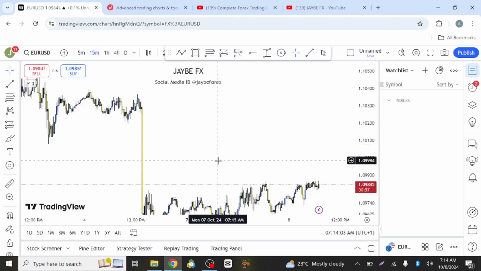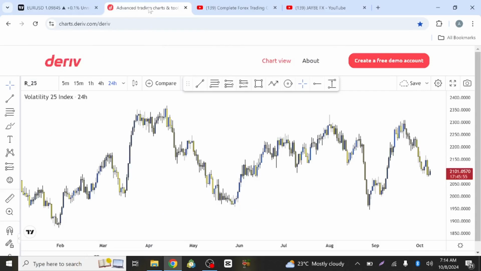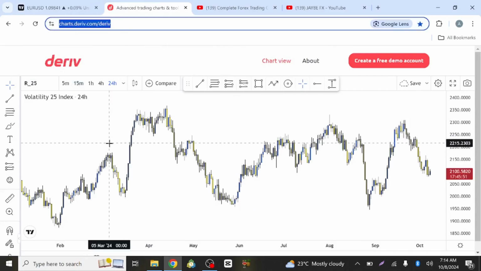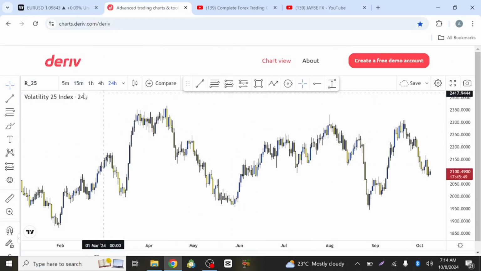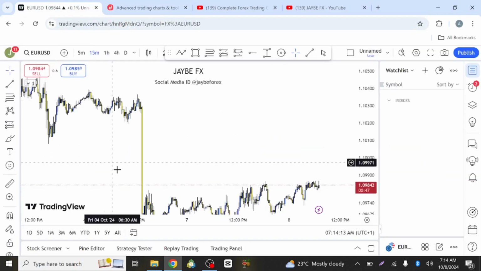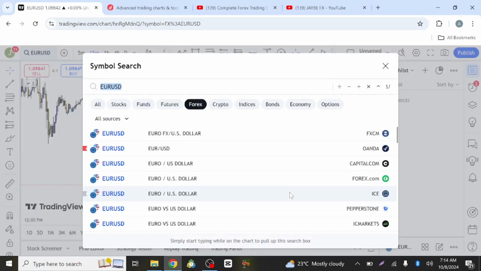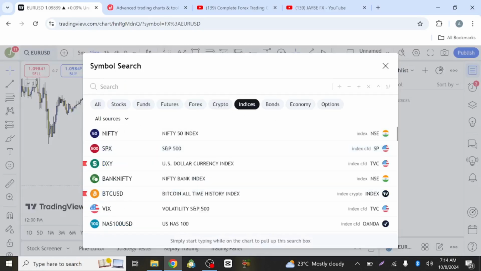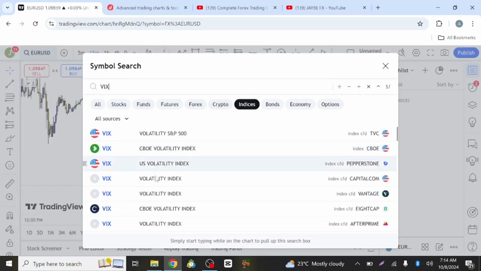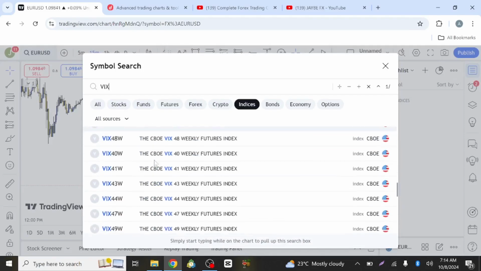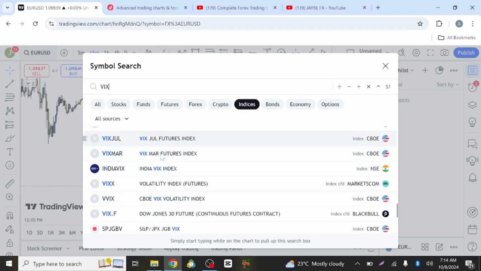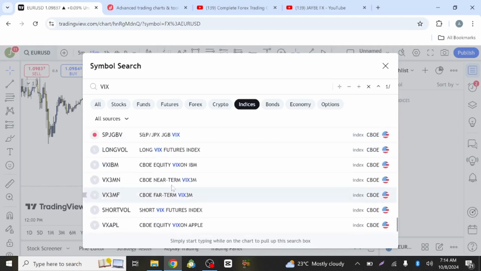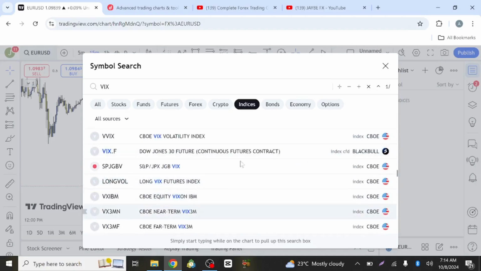But if you want to analyze synthetic indices, come to chat.deriv.com. You can see the link there. This is where you get the TradingView chart, because if you go to the search bar, and under the indices you type VIX, you will see that you cannot see the volatility indices like Boom and Crash. All you'll be seeing are other unfamiliar pairs on this site.